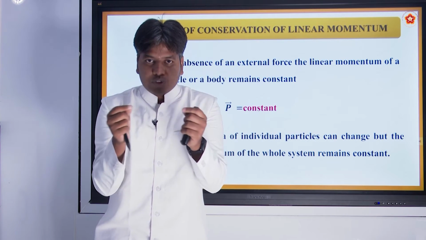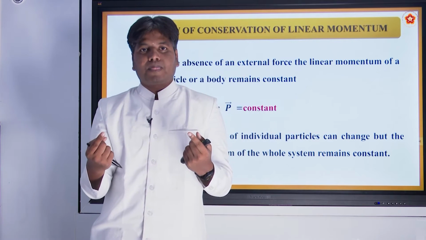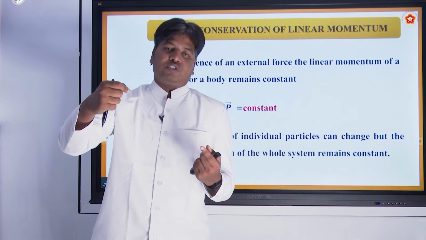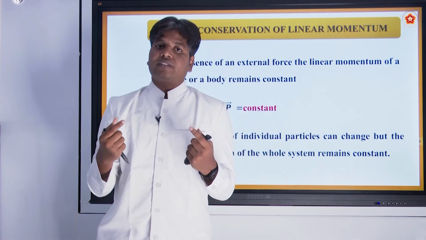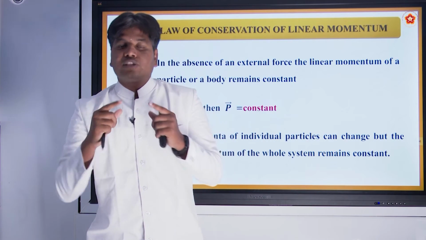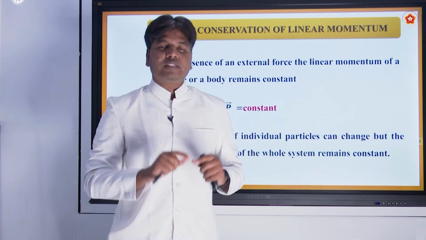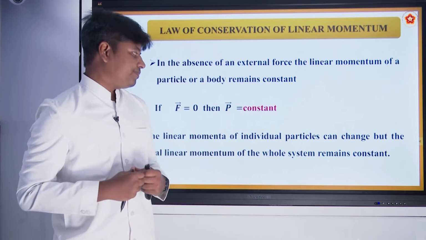So distribution of chocolates in between you I can call as internal force. If somebody is not giving you the chocolates, that means I can relate as there is no external force on you. Okay, so this is the basic analogy I can draw.